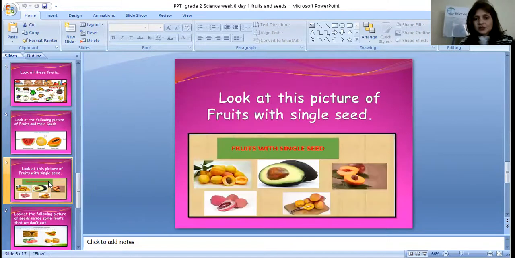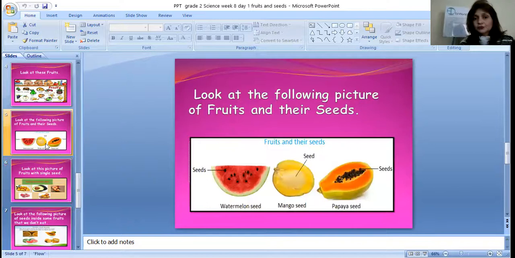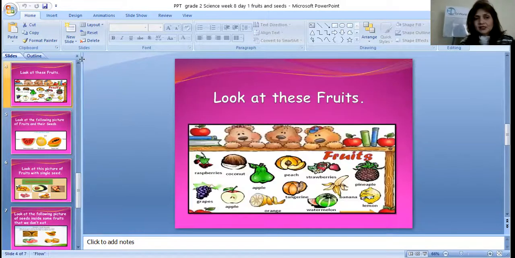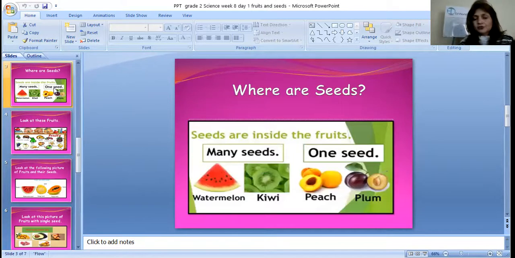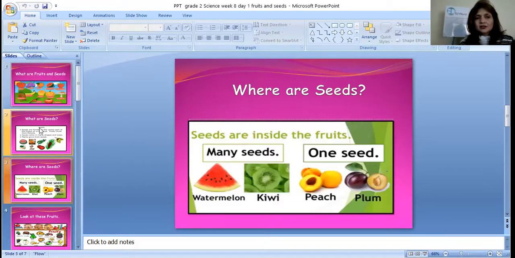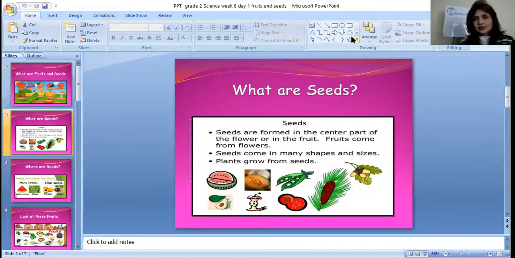You have seen this picture, the fruit with a single seed. You have seen this picture, fruits with many seeds and a single seed. You have seen fruits with many seeds and fruits with only one seed. Then you saw what are seeds, right? So now coming back to our work.